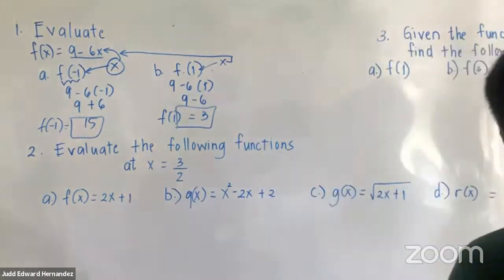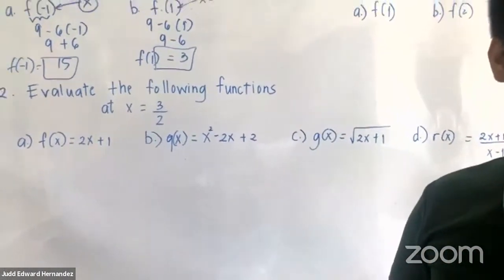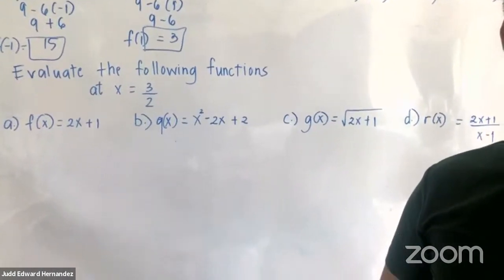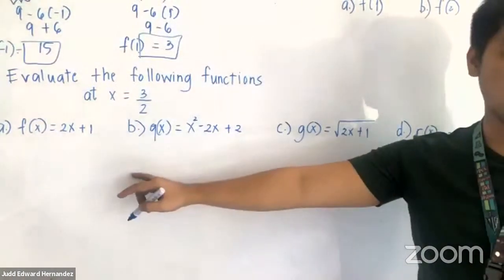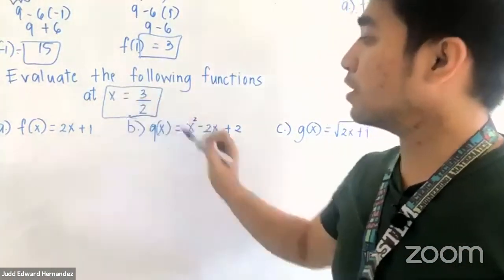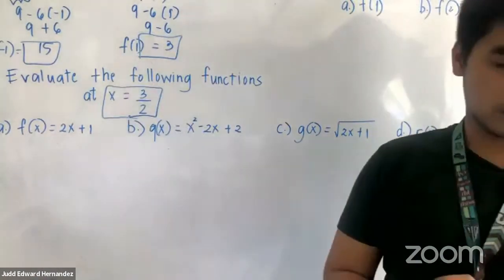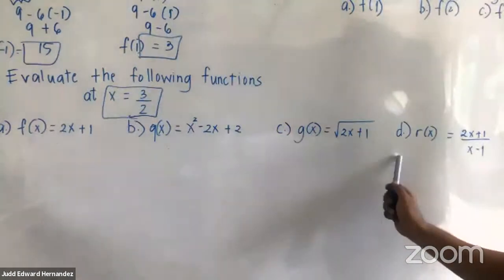Okay, so we have another example. For this one, we're asked to evaluate the functions at x equal to 3 over 2. We are given different functions, a, b, c, and d.